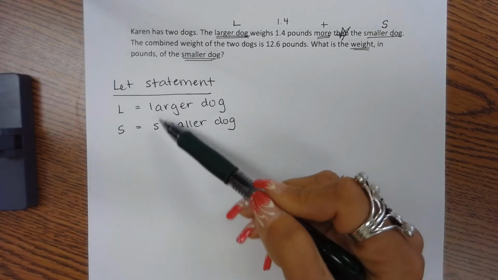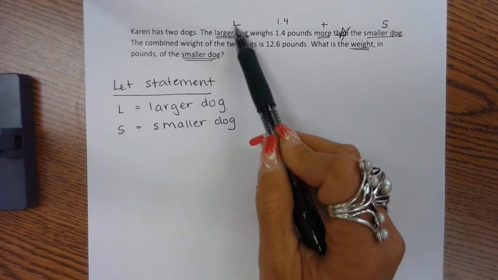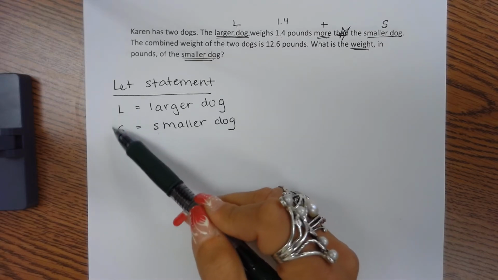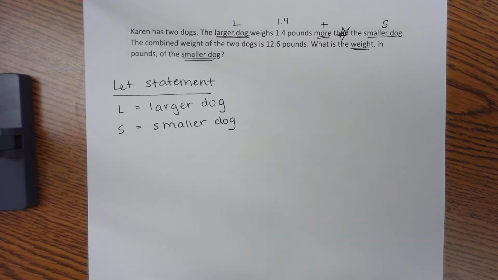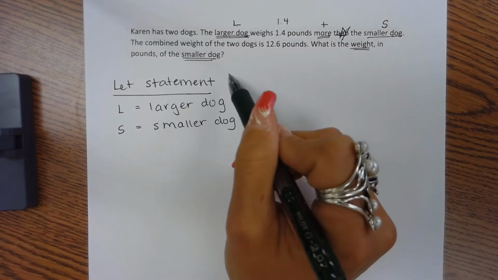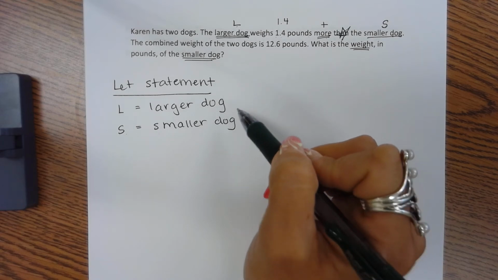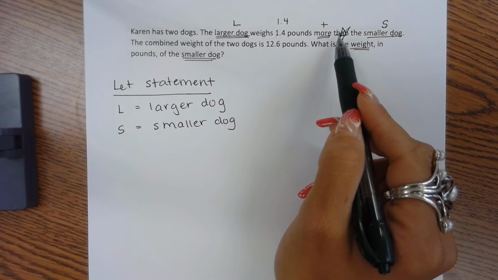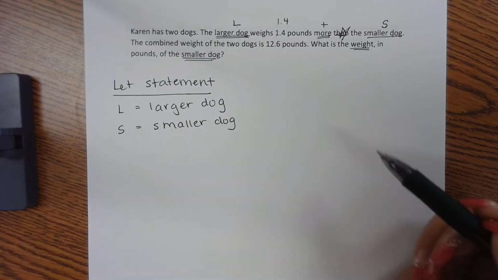The let statements are very important. I went ahead and put L for larger, S for smaller, but sometimes we'll end up using X or Y to represent different objects. So let's go ahead and start by creating the equation based on what it says in words. So this is verbal to algebraic.